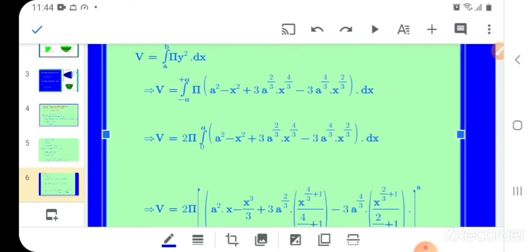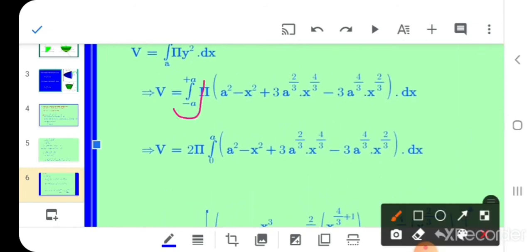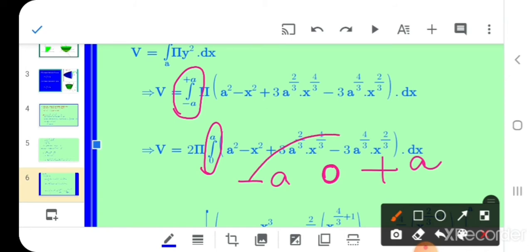Okay, see here. First I write the limits minus a to plus a as 0 to a. Minus a to plus a means the middle term is 0. We have to find the volume from minus a to plus a.